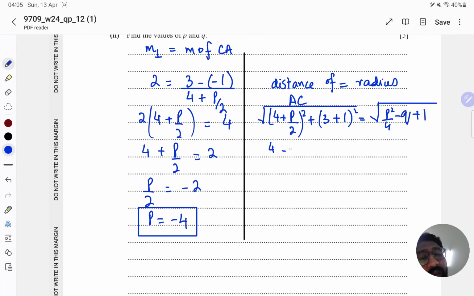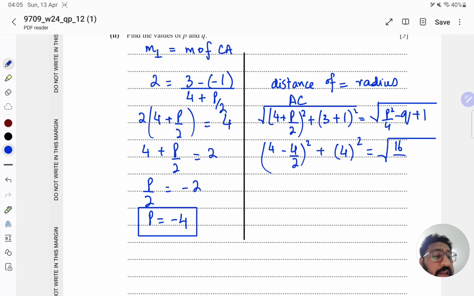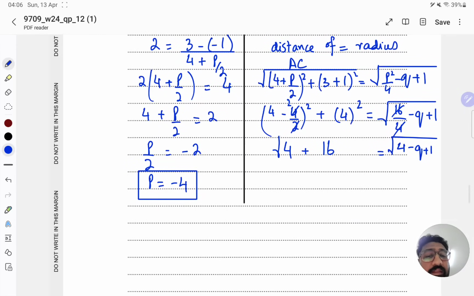So 4 minus 4 by 2 whole square plus 4 whole square, which will be equal to the square root of p square, 16 divided by 4, minus q plus 1. We can simplify, it will be 4 minus q plus 1 under a square root, and simply this will be 2. 4 minus 2 is 2, 2 square is 4, 4 plus 16, and there is a square root on this side as well.